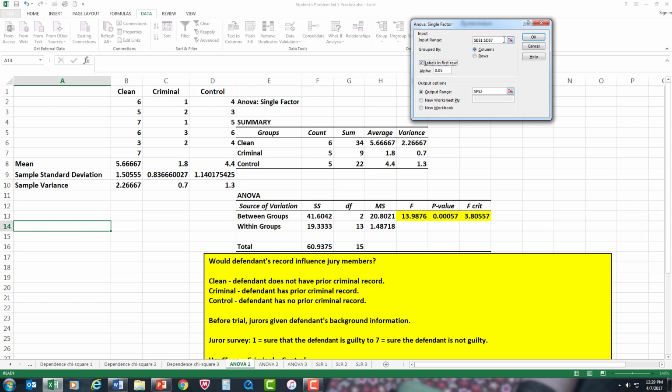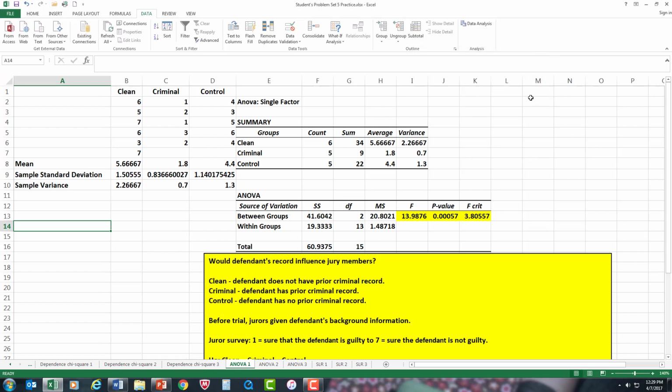I'm keeping the alpha level at the default 0.05, and I already told Excel where I want the output, so I'm going to cancel it. Alright, let's look at what we got here.